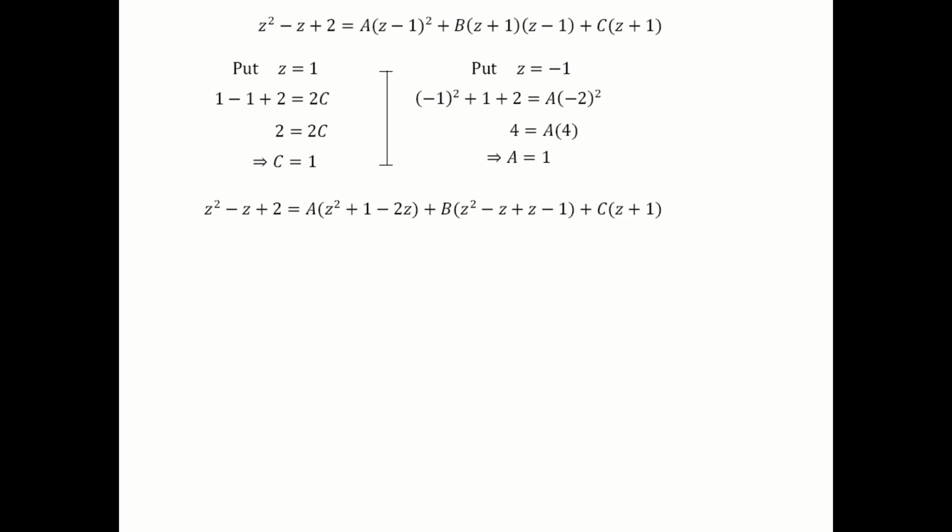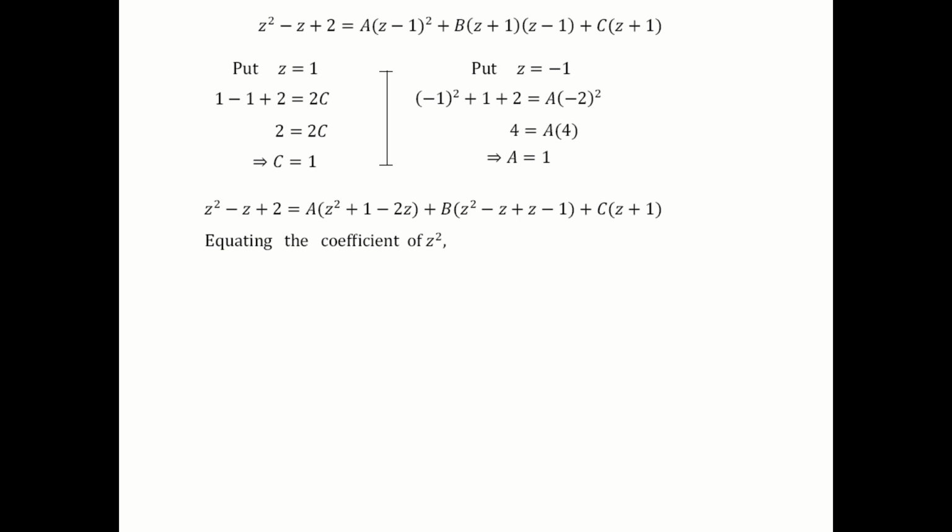Now I am expanding the above one. This is another method. Otherwise you can put z = 0 and you will get an equation in A, B, C; substitute the values of C and A, and you will get B. That is the easiest way.